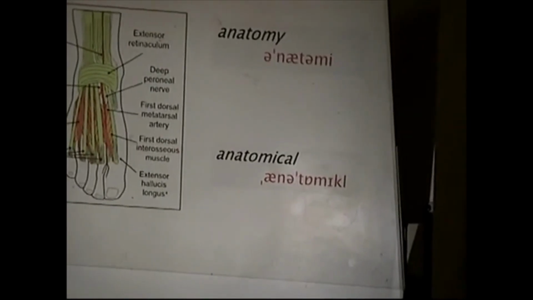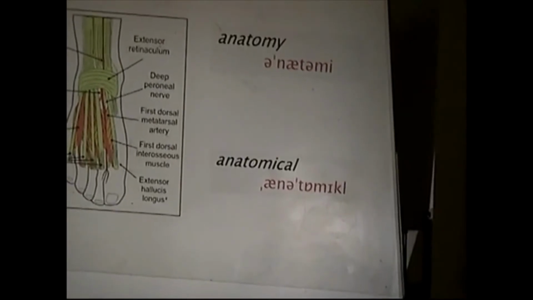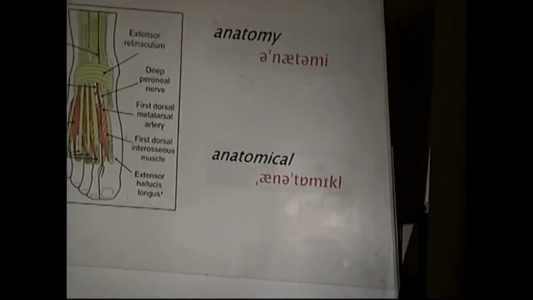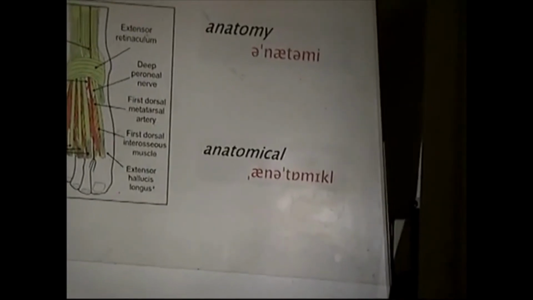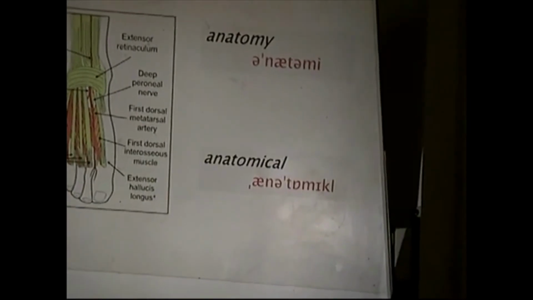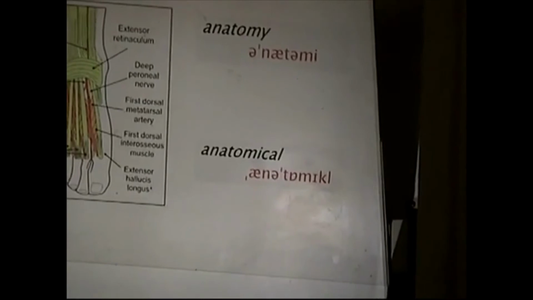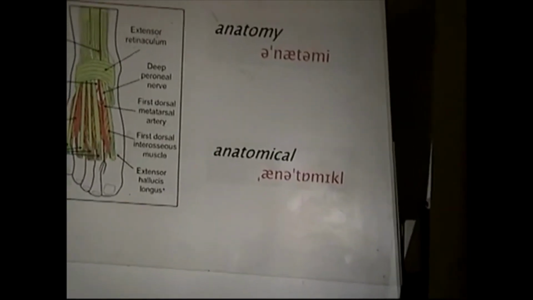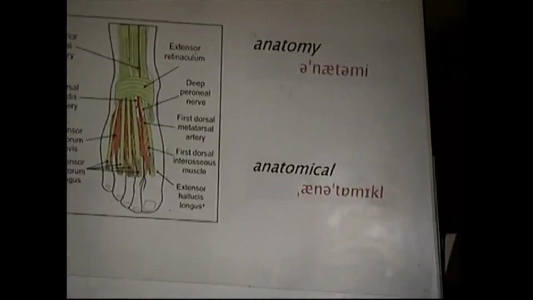The first vowel in the noun is anatomy, anatomy. The first vowel in the adjective is anatomical, anatomical. The second vowel in the noun is anatomy, anatomy. The second vowel in the adjective is anatomical, anatomical.